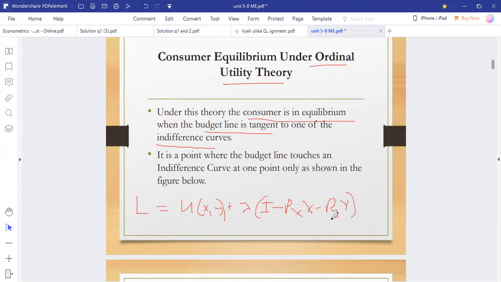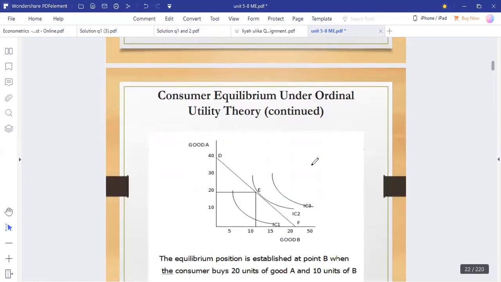This whole equation is simplified by a point at equilibrium, which is optimal, simply by the marginal utility of x divided by the price of x being equal to the marginal utility of y over the price of y.